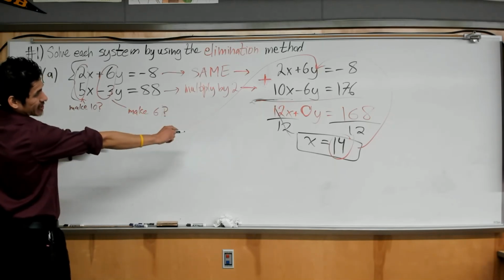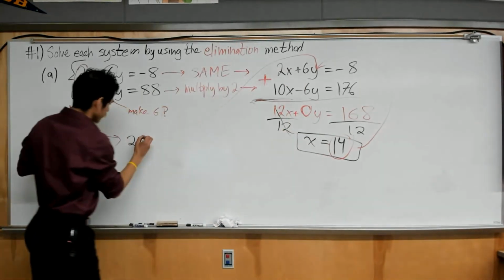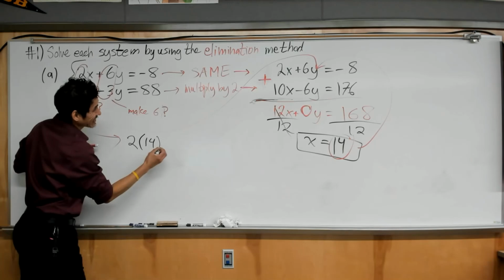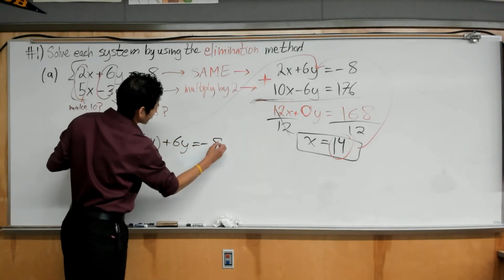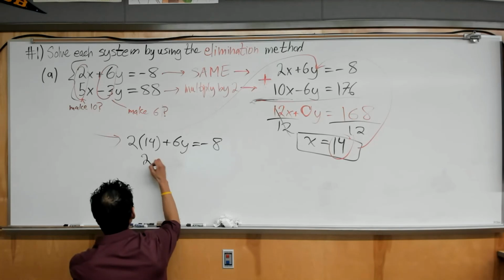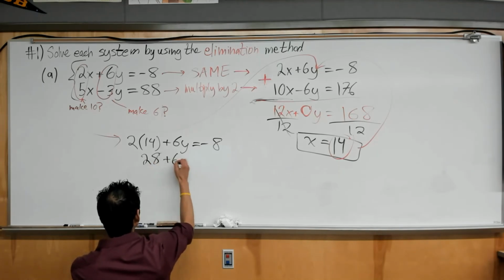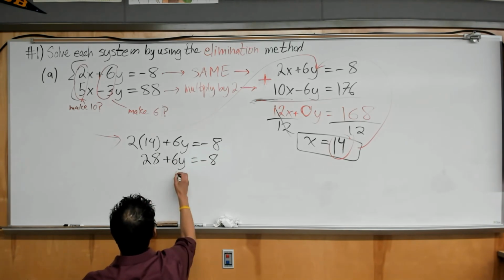So we plug in 14 for this x. So 2 times 14 plus 6y equals -8. And we do the math and solve for y. Take away 28.